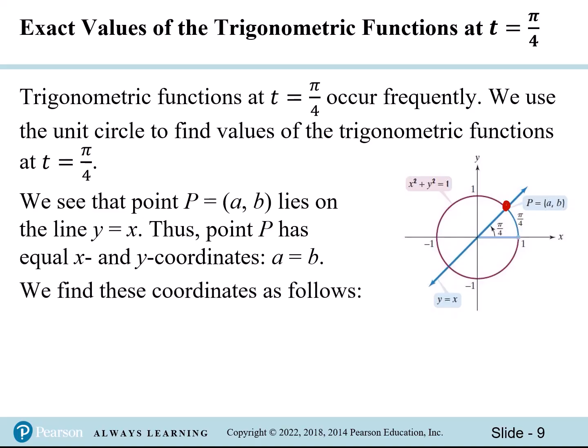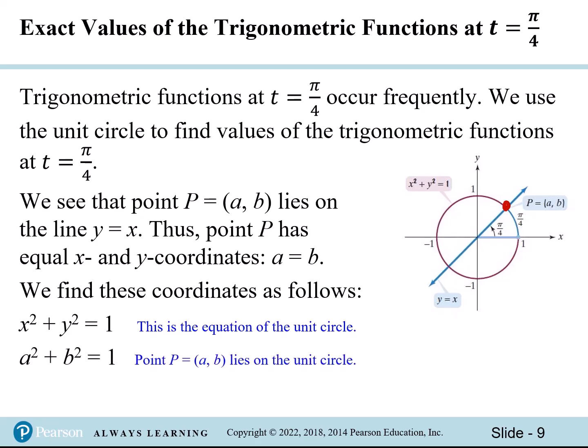X squared plus y squared equals 1. That is the equation of a unit circle. We already know that, where 1 is the value of r squared. So r is equal to 1. And therefore, as far as a right triangle is concerned, a squared plus b squared is equal to 1. So point P equals a comma b. It lies on the unit circle.